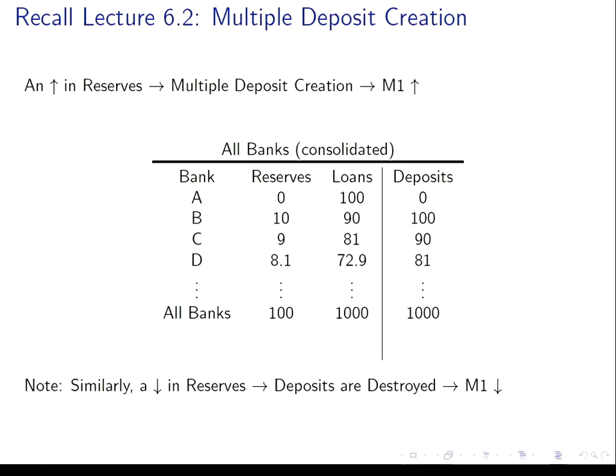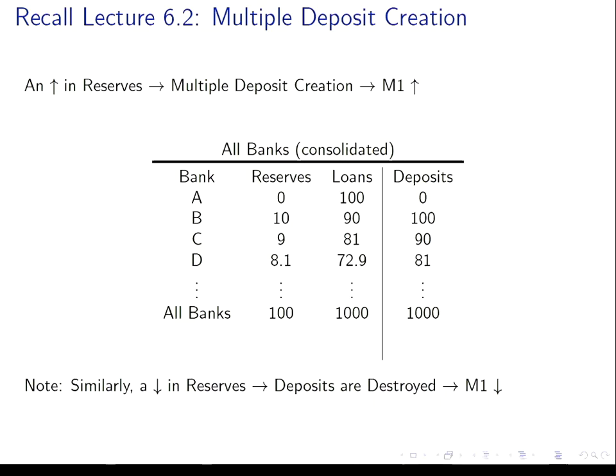But if this person then ultimately spends the money and that money goes to some other bank, which it eventually will, that is when multiple deposit creation happens. So it's not necessary that this kind of a sequential game happens in reality. It might be the case that the first two deposits are in the same bank, but the third deposit is in some other bank, and then the fourth deposit is in some other bank, and so on and so forth.